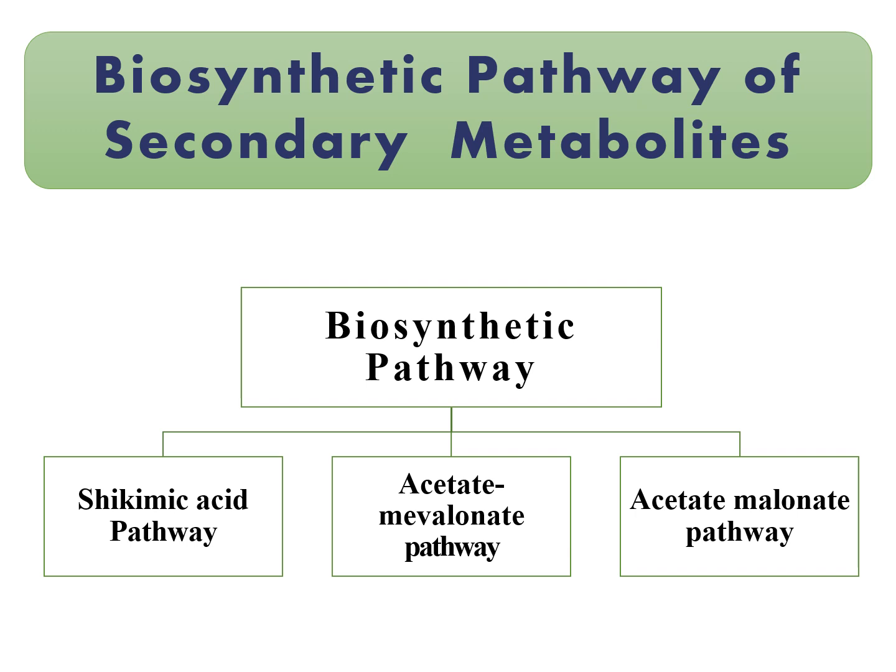A biosynthetic pathway is a set of chemical reactions through which the plant utilizes the primary metabolites and converts them into secondary metabolites. That set of reactions is of three different types. The first is the Shikimic acid pathway, the second is the acetate mevalonate pathway, and the third is the acetate malonate pathway. In this presentation we are talking about the first pathway, the Shikimic acid pathway.